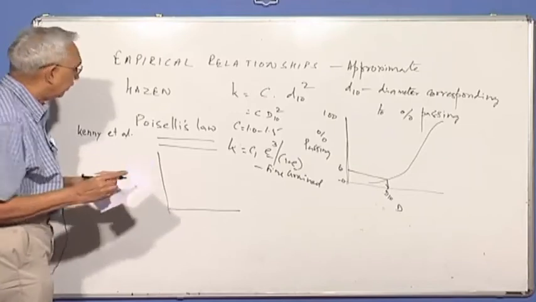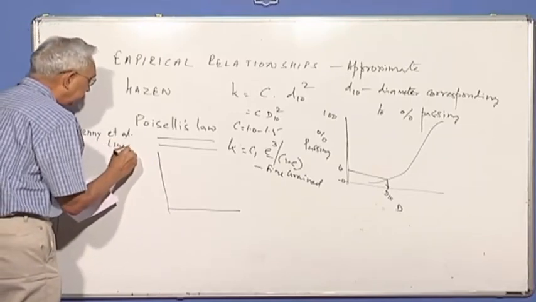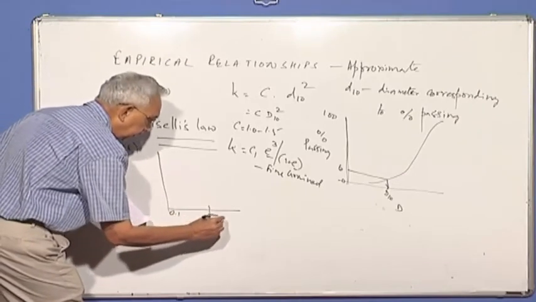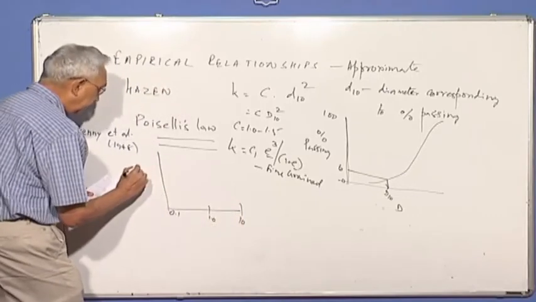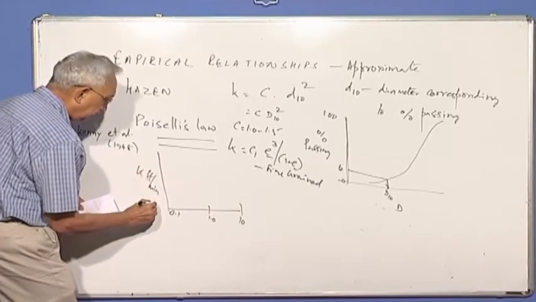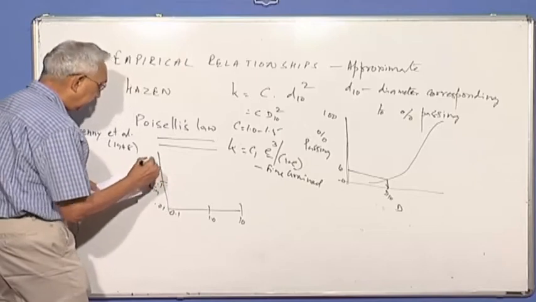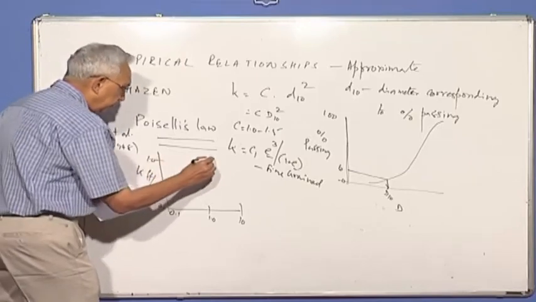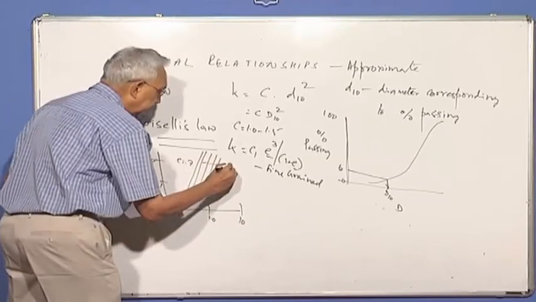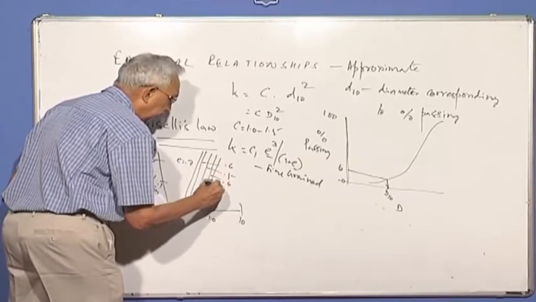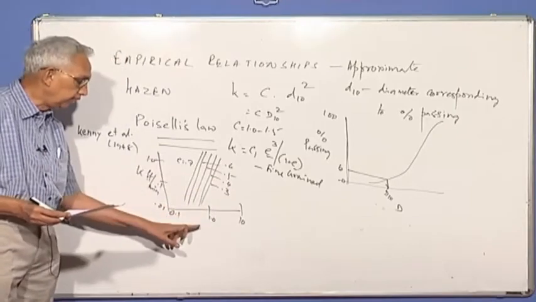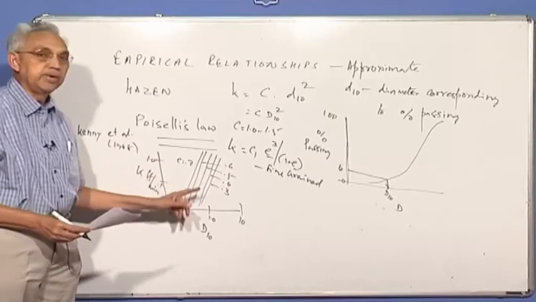Way back in 1948, they came out with a similar plot, except they have given it based on D10 of 0.1, 1, 10, and K here is straight away given in terms of feet per minute, varying from 0.1, 1, etc. And they have found a set of graphs as a function of void ratio, 0.7, 0.6, 0.5, 0.4, 0.3. And you can see here now the permeability is not only a function of D10, it's also a function of void ratio.